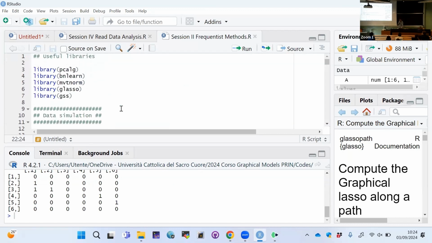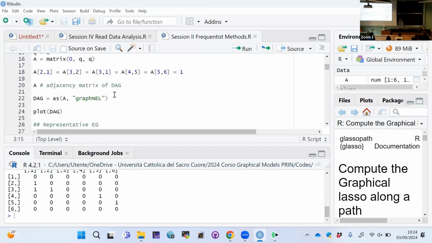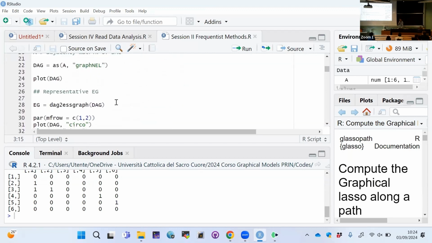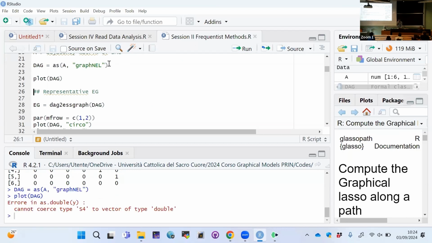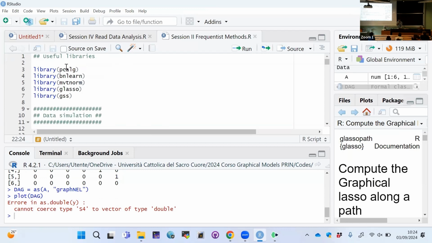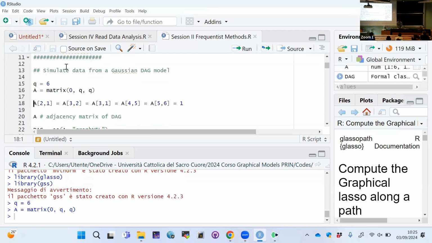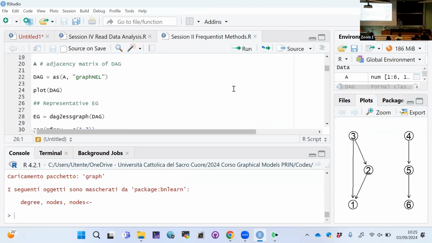The one that I need here is provided by the pcalg package. So if you just want to plot the DAG, you need to load, perhaps install, the package first, and then you can do the following. I need to create an object of class graphNEL, so I need to convert the adjacency matrix into a graphNEL object. If I do this, then I can plot the DAG, and this is the DAG that I generated.